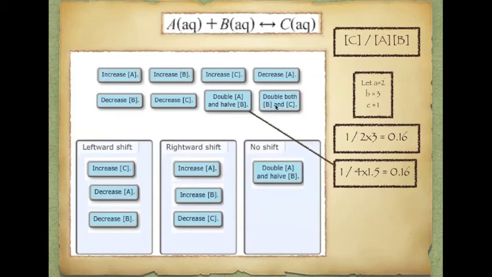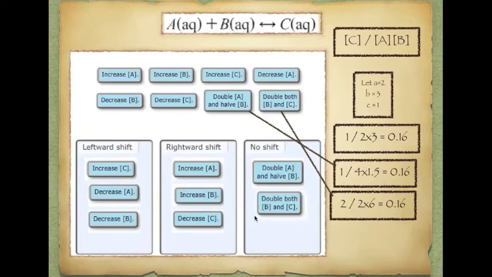If we double both B and C, that means C becomes 2 and B becomes 6. We plug this into our equilibrium constant, and once again we notice that Q doesn't change. That means there's going to be no shift whatsoever, so doubling both B and C goes into the no shift column.